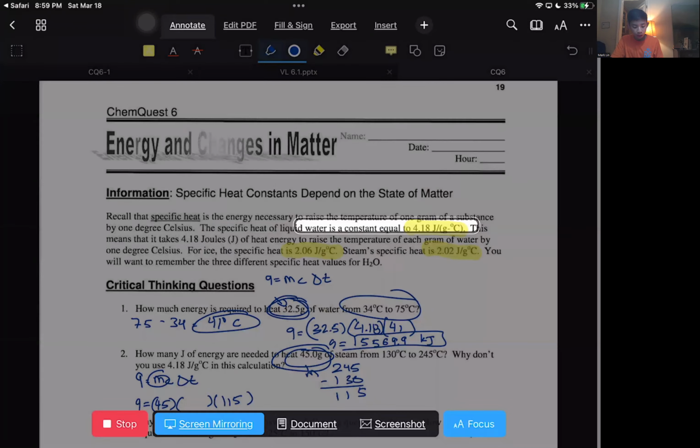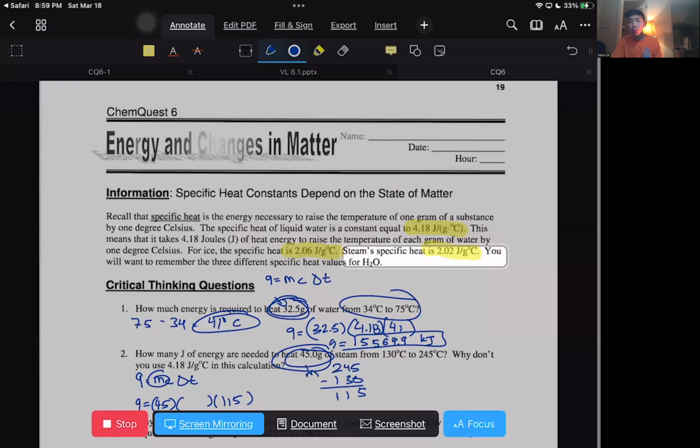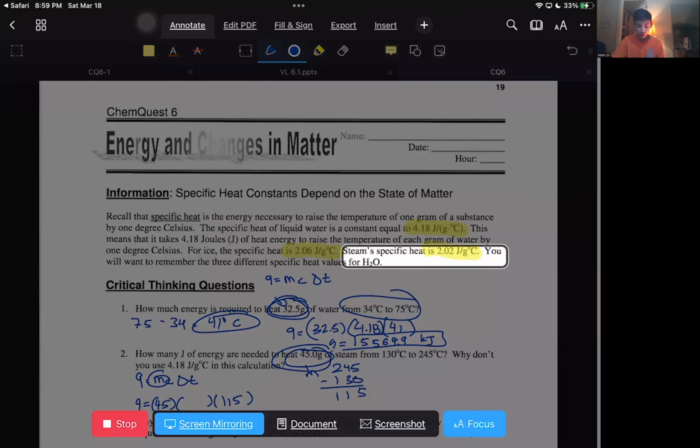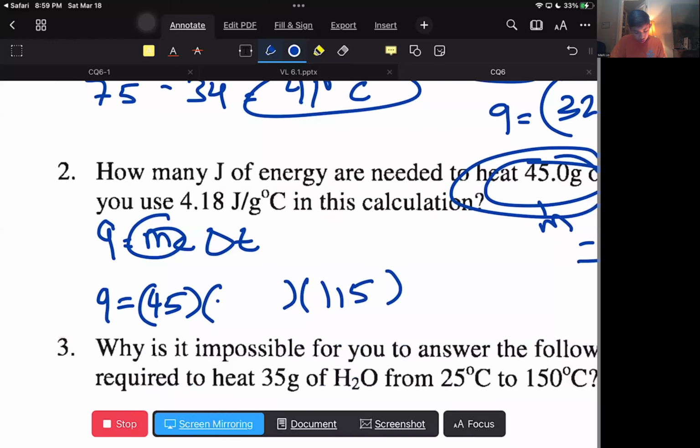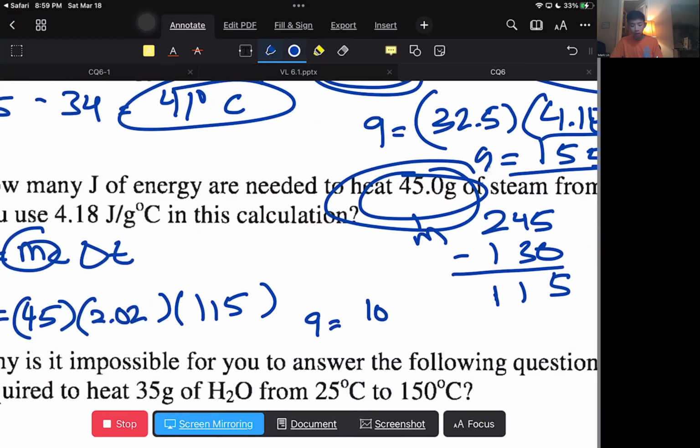But in this question, it asks for steam. Do you see that? Steam's specific heat is 2.02, so we have to use 2.02. Plugging everything in, Q will equal 10,453 joules.